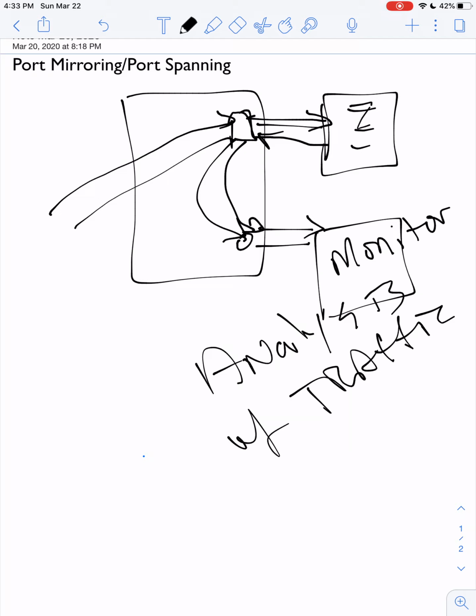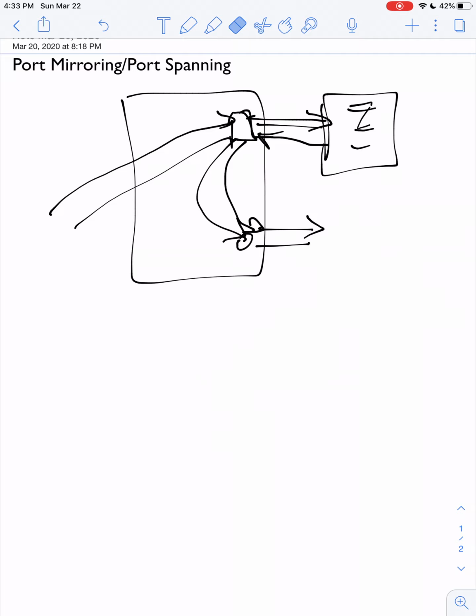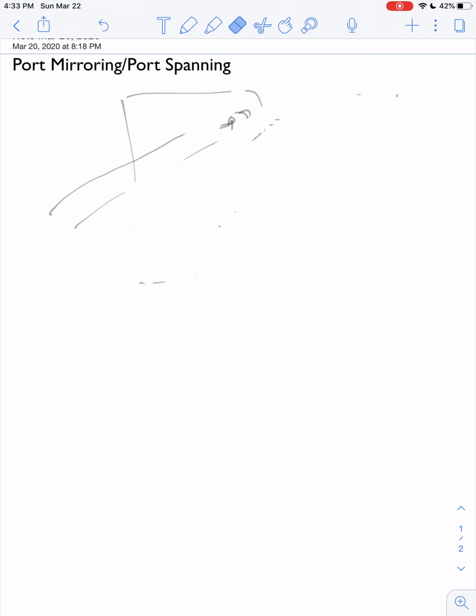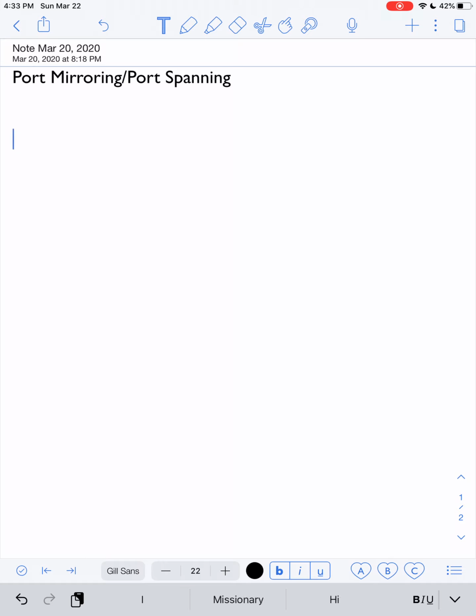I did mention, we talked about proxies a little bit ago. There are two types of proxies that you should be aware of the definitions of. Again, it's not something you're going to have to worry about a whole lot on this exam, but a proxy server has two types. One's called a forward proxy, and this acts on behalf of the client.